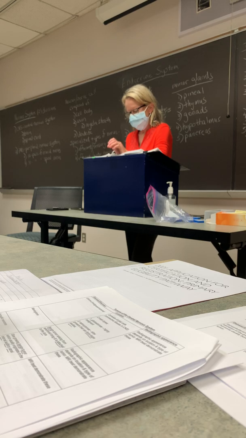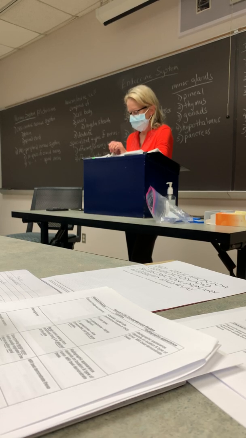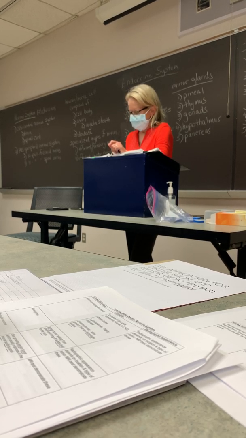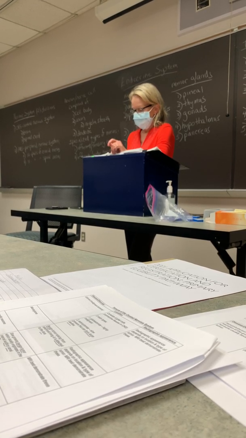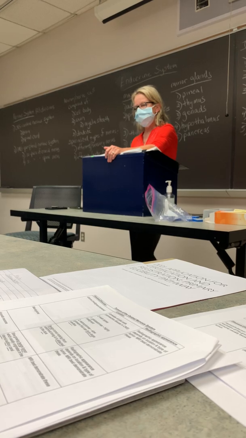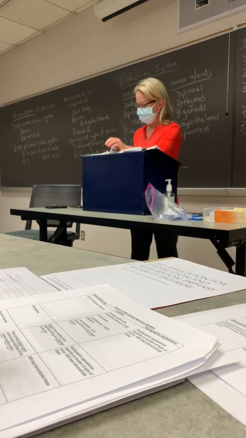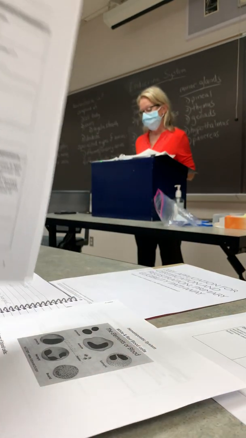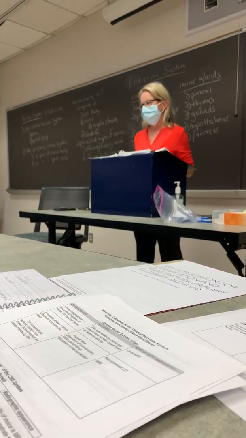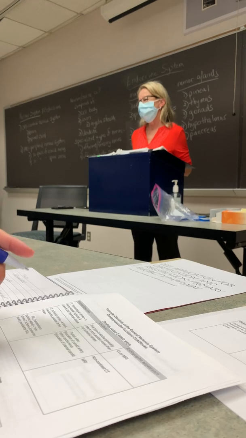The next one is the craniopharyngioma. This one is a benign tumor. It usually originates above the sella turcica. You know that it's cystic. Just know where it originates.